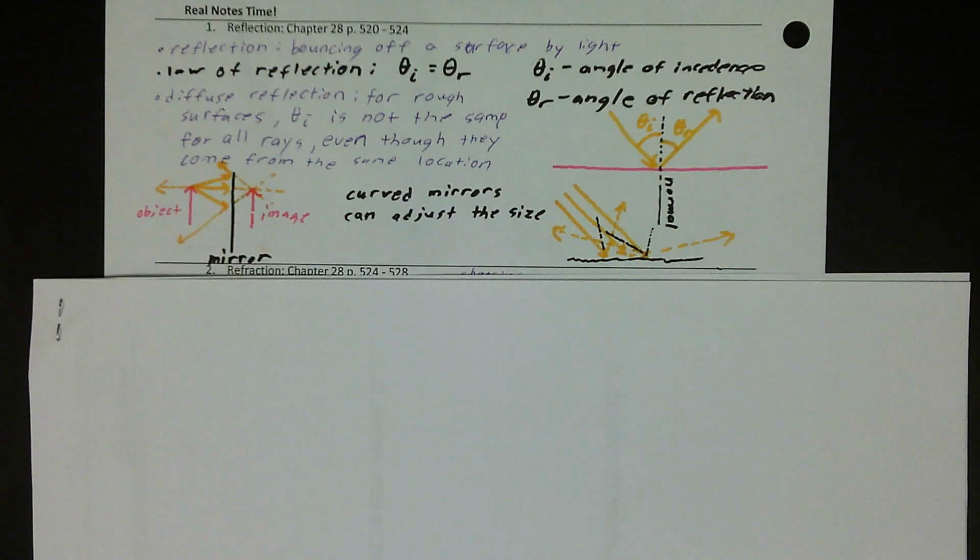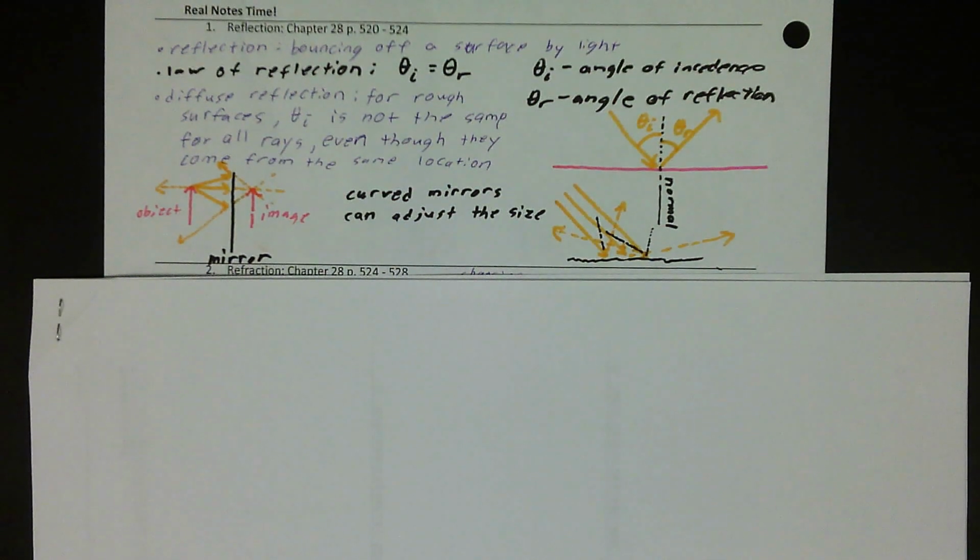If you backtrack those light rays, they backtrack to the exact location where the image would be, which in flat plane mirrors is exactly the same size and distance as the object would appear from the mirror. So your object and your image will be the same. For straight, flat, vertical mirrors, they're going to look the same as each other.